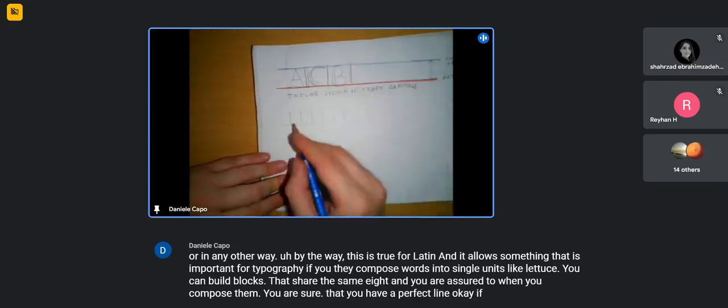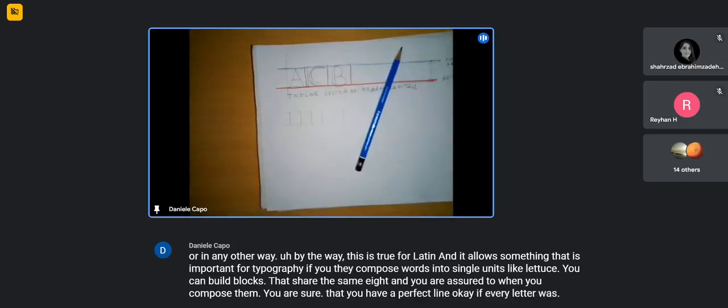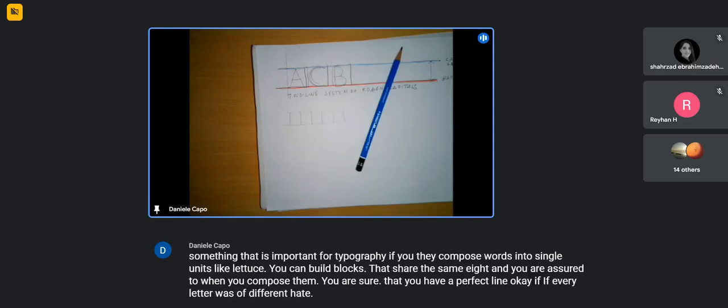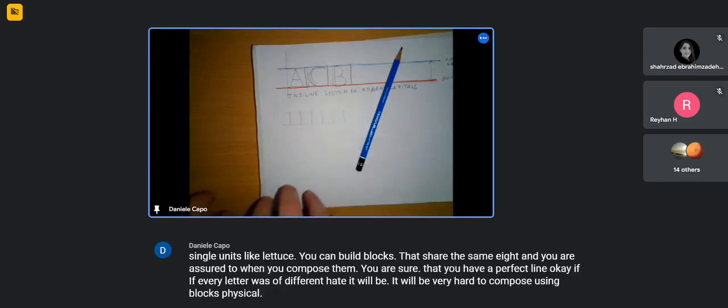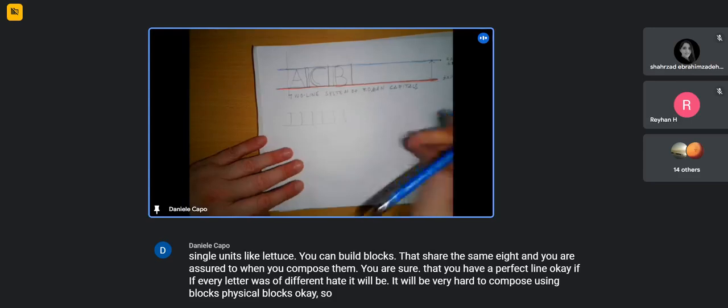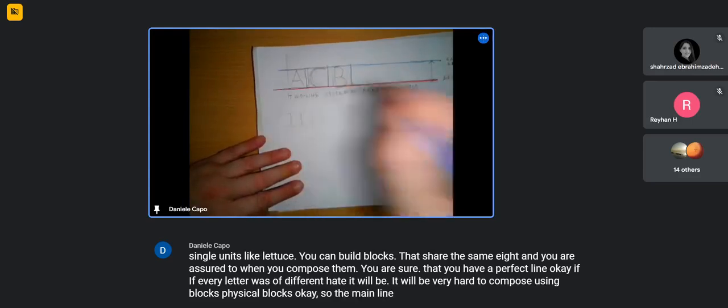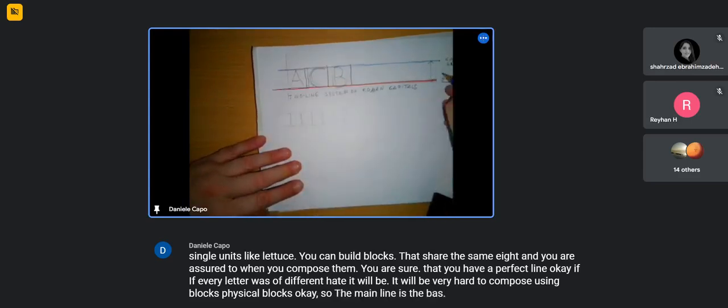If every letter was of different height, it would be very hard to compose using blocks, physical blocks, okay? So the main line is the baseline.